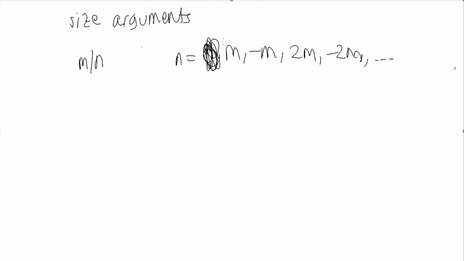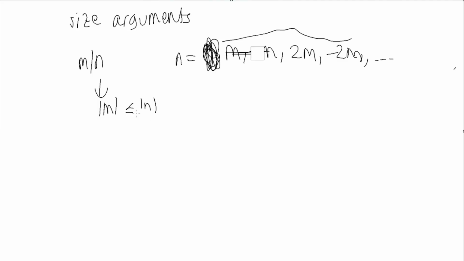But for the other ones, it seems like n is always going to be larger than m in absolute value, and we can pinpoint exactly how this happens. This means that the absolute value of m is less than or equal to the absolute value of n. Now, of course, this is a very weak bound, because we can obviously do a lot better if we eliminate these two as well.